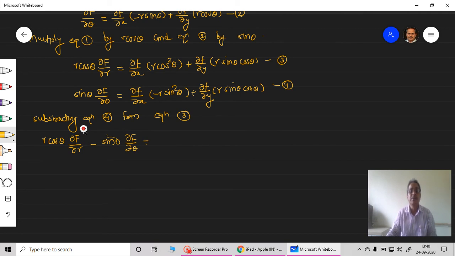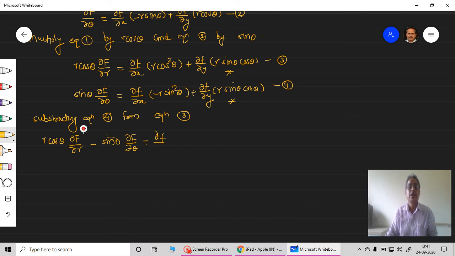Here, subtracting, this becomes plus and this will become minus, so this term and this term are going to get cancelled because they are equal and opposite when I subtract equation 4 from equation 3, and these terms will get added.